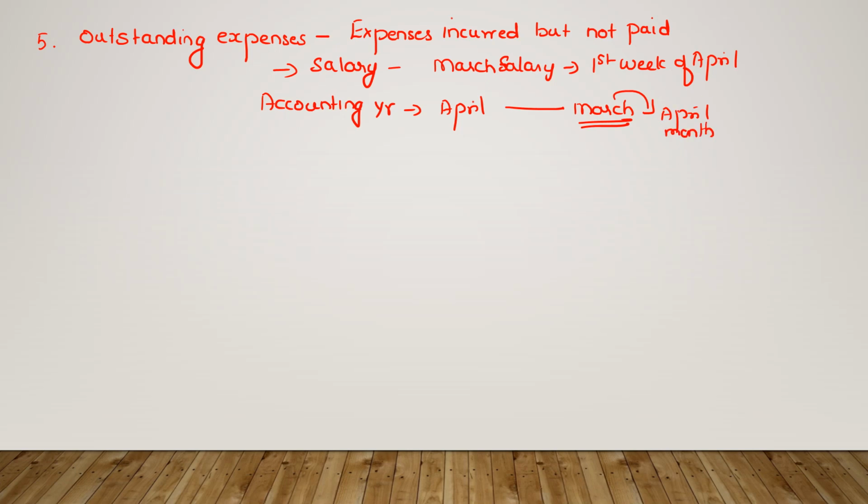It is going to be paid in the next accounting year, but it is for the work which was done by the employee in the month of March. So it is an expense of the current accounting year, but paid later. This is an expense which has been incurred, which has to be paid, but is only paid at a later date. Therefore, these outstanding expenses are to be added to the relevant expense.